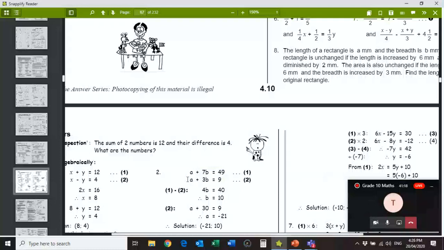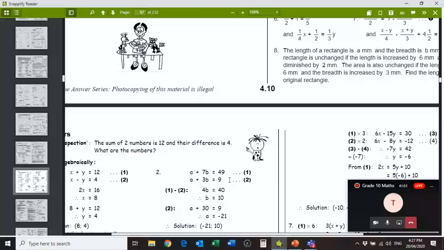If I have a minus A, this also has to change, because I have to times in the minus: minus times a plus is going to be a minus. So this is going to be in fact 7b minus 3b, and then 49 minus 9.